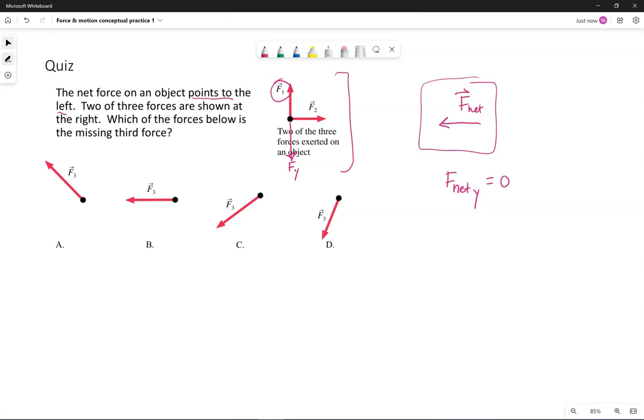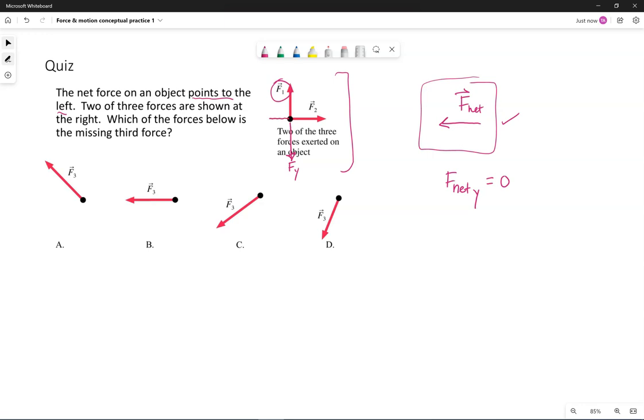All right, second part. Forces are vectors, so we have to think of them in terms of components. Just like position, we had to think xy components. Velocity, xy components. Forces are vectors, so we have to think xy components. In the x direction, we need the forces in the x direction to add up, giving us a result that points towards the left.